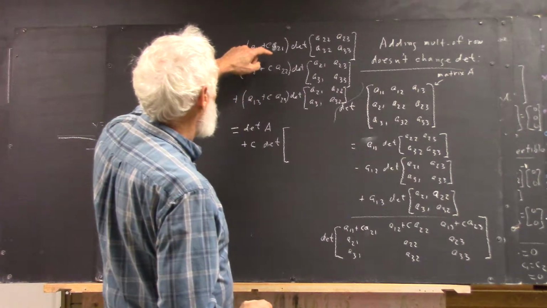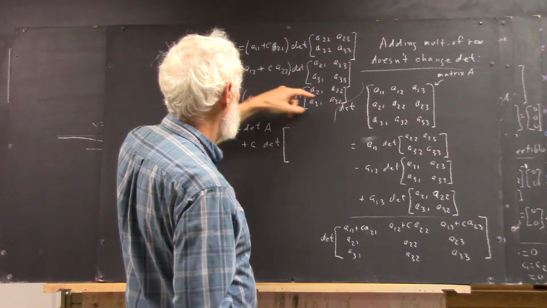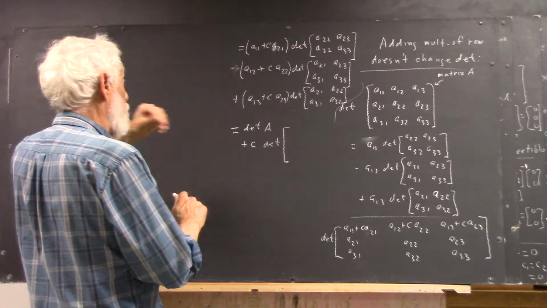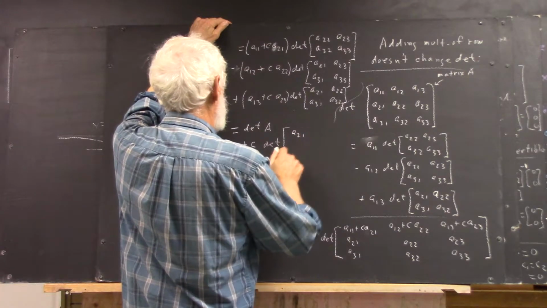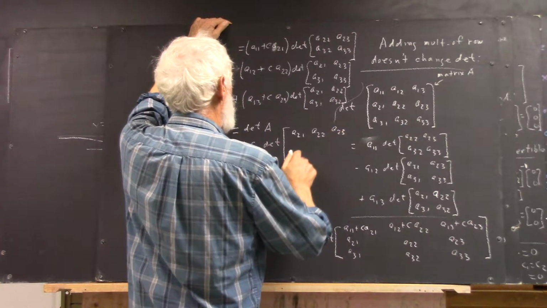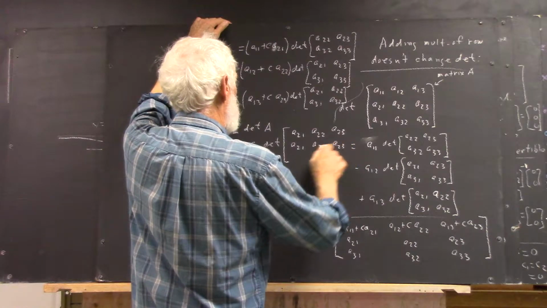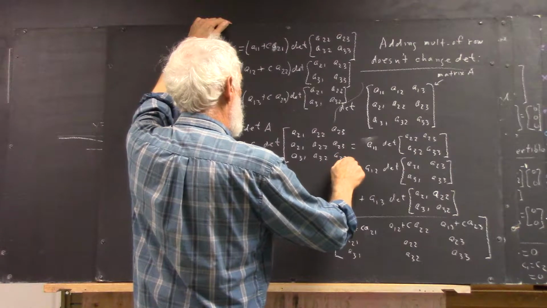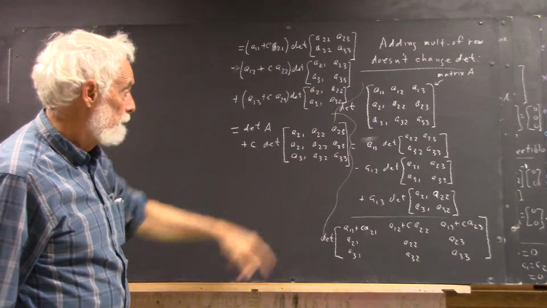Okay, well, A21 times this determinant, A22 times this determinant, A23 times this determinant, lined up as it is, you can convince yourself that that is simply the determinant of A21, A22, A23, which is this.